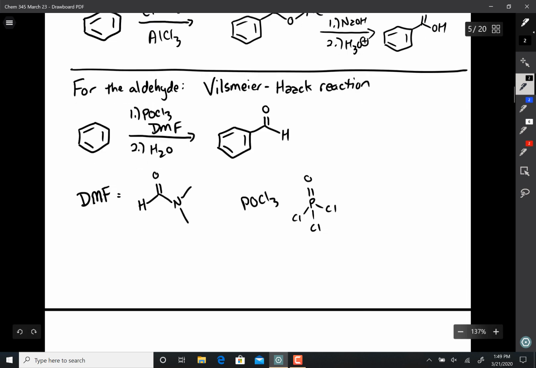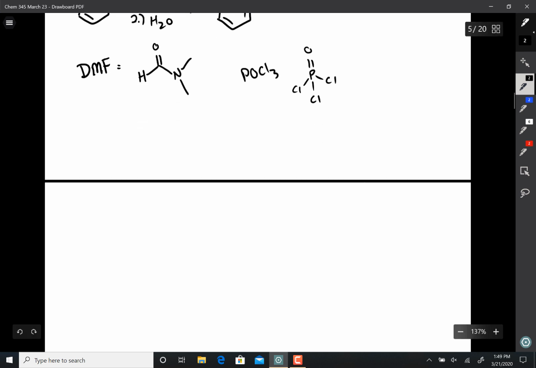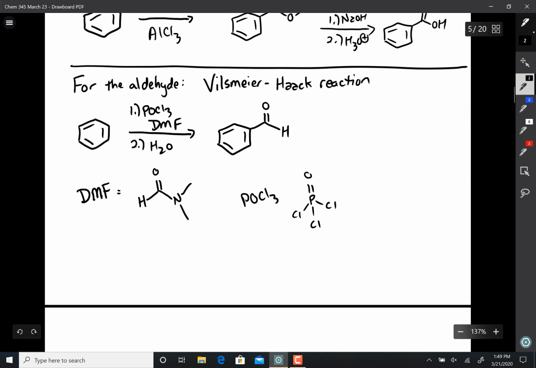The mechanism for this reaction follows the same pattern of all the electrophilic aromatic substitution mechanisms. First thing to do is form the electrophile.